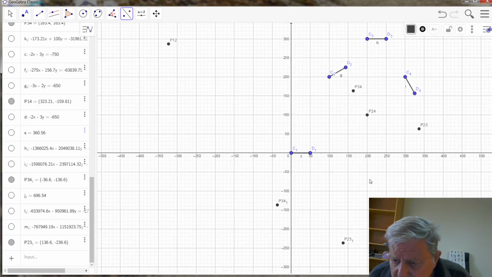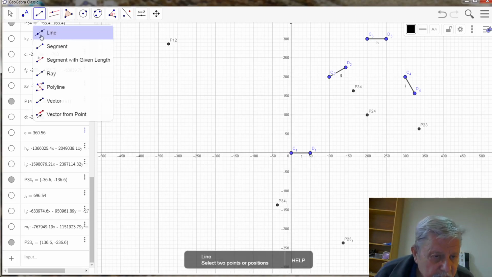And lastly, I have determined P231, P341, and then I have to determine P241. Now, in order to determine P241, I have to use P12, P14, the pole triangle P12, P14, P24. Here is P24, here is P12, and here is P14.